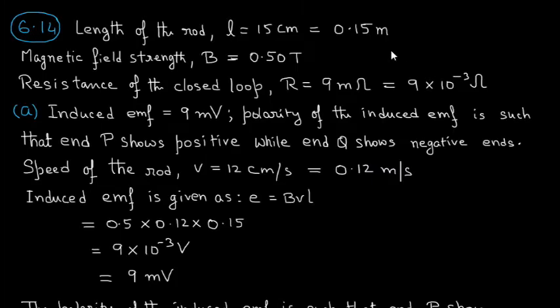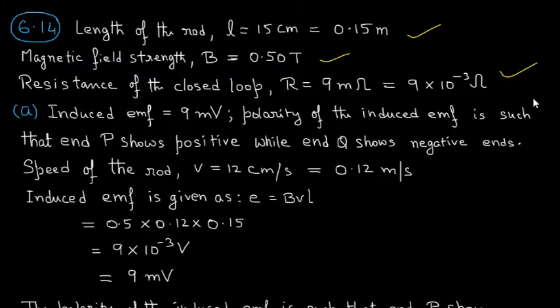So the length of the rod, which is given as L, is equal to 15 centimeter, that is 0.15 meter. Magnetic field strength B is equal to 0.50 Tesla. Resistance of the closed loop R is equal to 9 milliohm, which is equal to 9 multiplied by 10 to the minus 3 ohm.